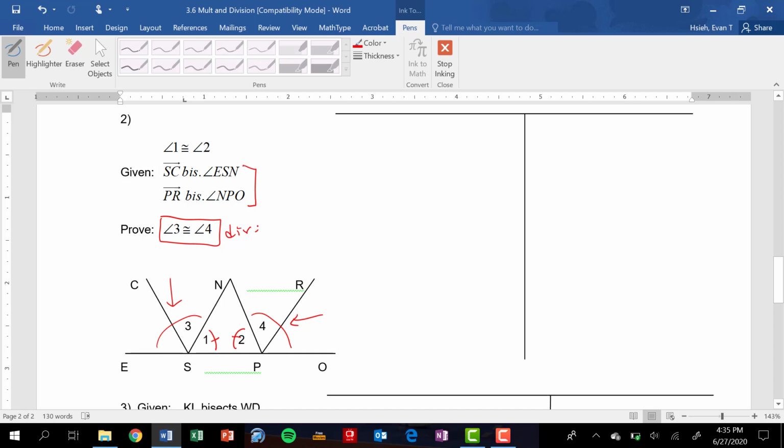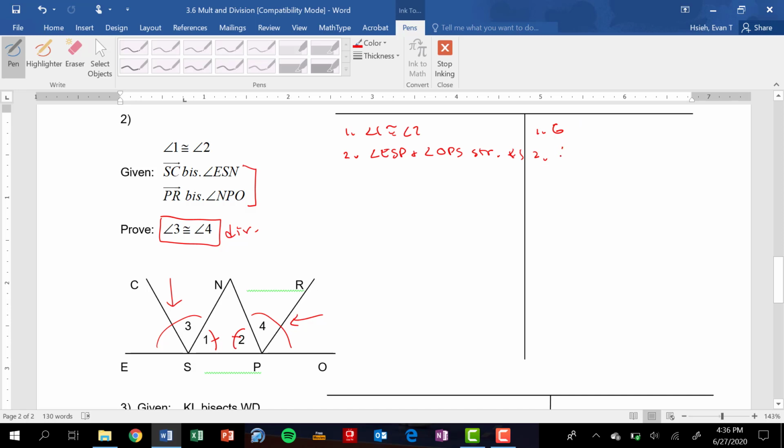Let's try this. So step 1, angle 1 is congruent to angle 2, given. Step 2, let's do a subtraction property. We haven't done it this way with straight angles, so we need to say that angle ESP and angle OPS are straight angles.